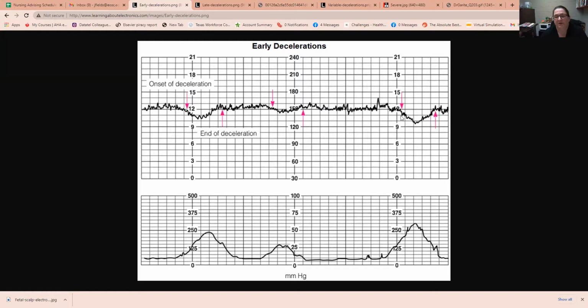So we've got three early decels. They actually seem to mirror the strength of the contraction. They seem to be deeper with harder contractions, which we see sometimes, not always, but sometimes it really does look like a mirror. So this is early deceleration, and it's considered a benign finding that can be a sign of progress.